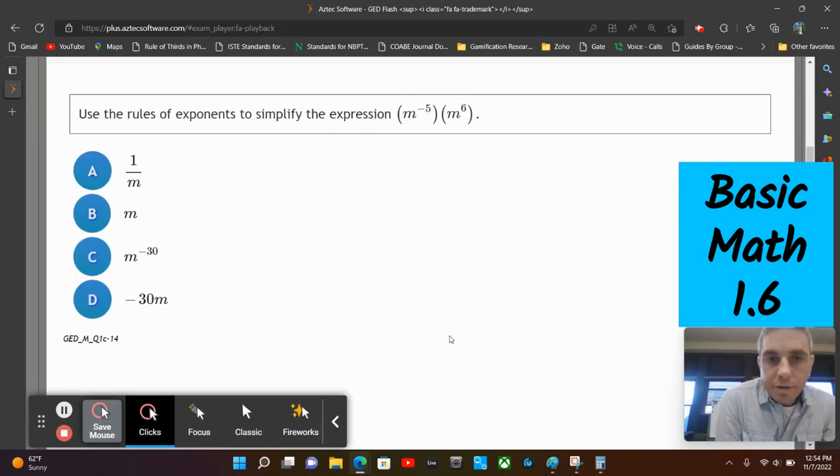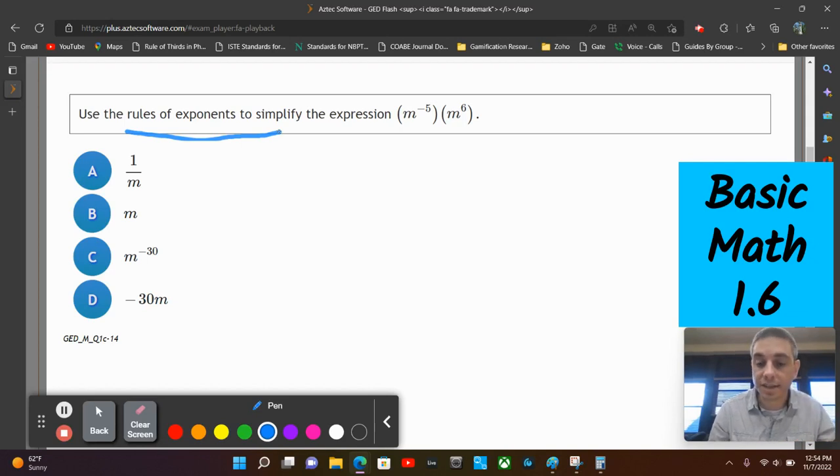Use the rules of exponents to simplify the expression m to the negative 5th power times m to the 6th power. Immediately, I know that this is going to be m to the 1st power because I'm multiplying two things together that have the same base, or the same big number. In this case, it's m.